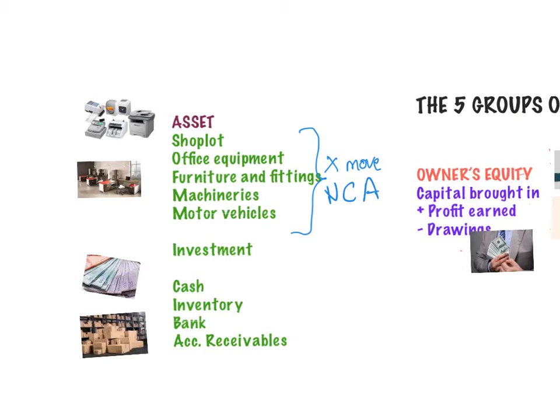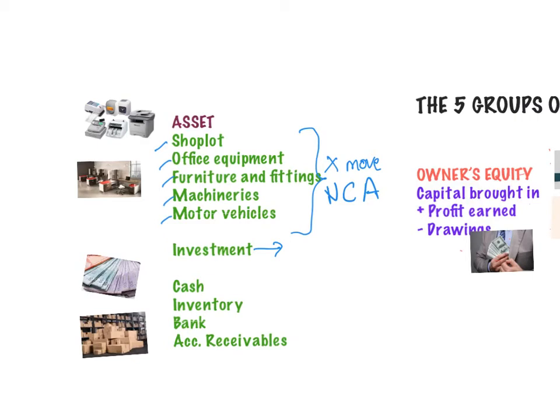These are the assets that you need to use in your business from year to year, from day to day, so that you can operate the business. And this is the investment kept for more than 1 year. If you put your money in the bank, but you cannot take it away within 1 year, more than 1 year, we call it investment.